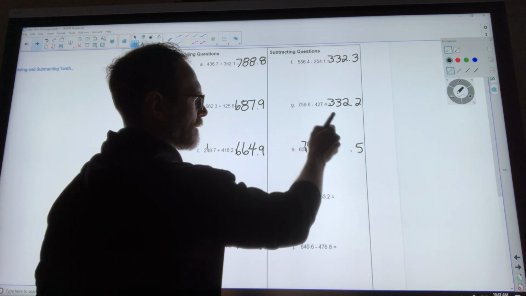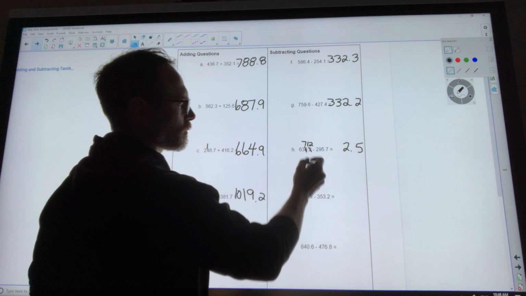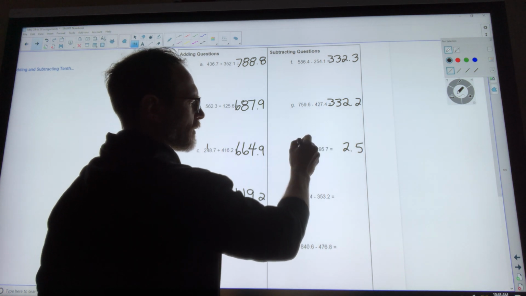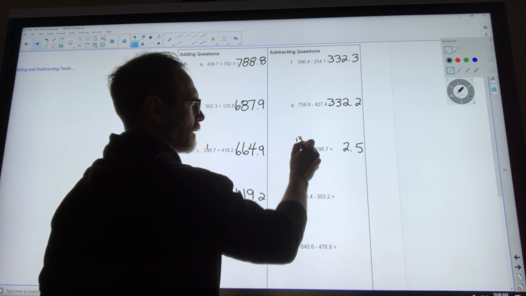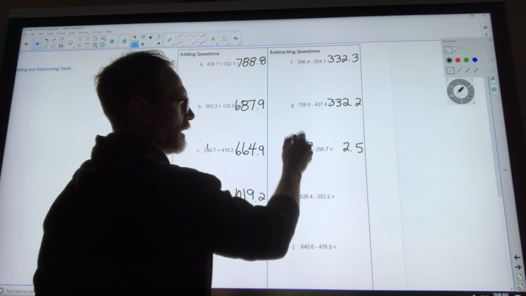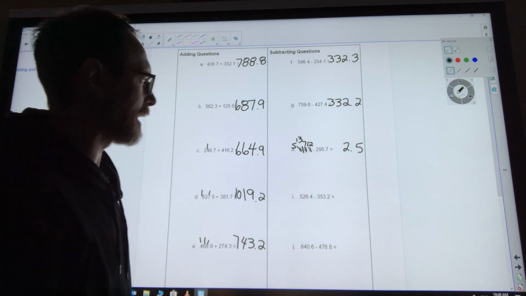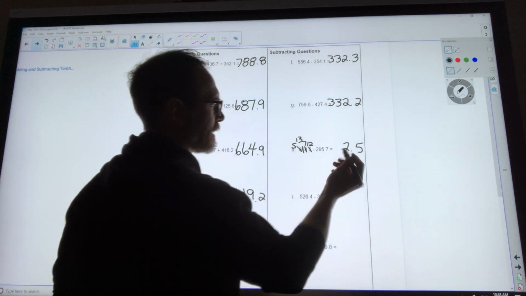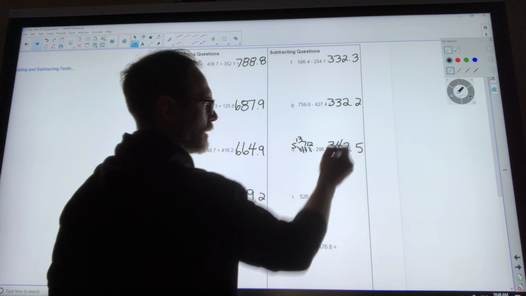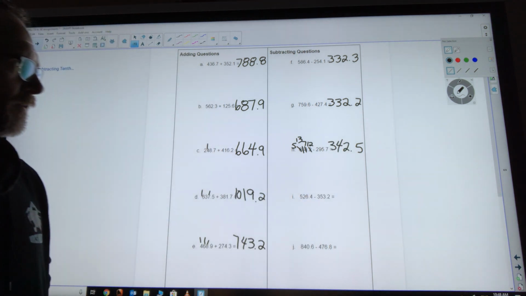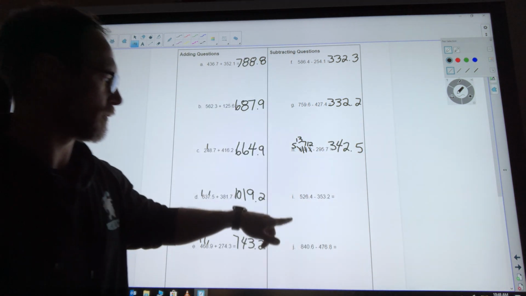Now I have 7 minus 5, which is 2. Then I have 30 minus 90, so I'm going to have to borrow again. So this is going to become 13 because I'm going to give one of these hundreds over to the tens place. So now 13 minus 9, that's 4. And 500 minus 200 is 300. So 342.5. I really like the 300 answers.